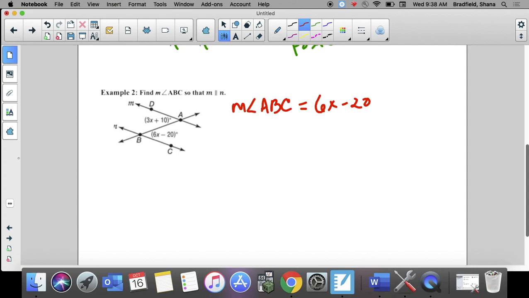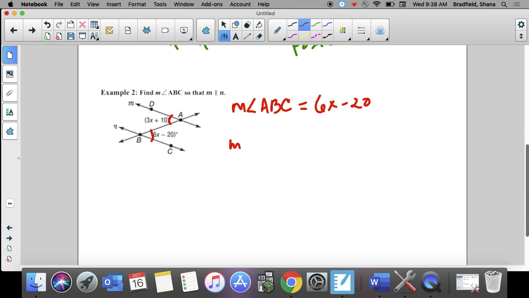angles DAB and ABC would have to be congruent because those would be alternate interior angles, and we know if alternate interior angles are congruent, then the lines are parallel. That's the alternate interior angles converse theorem.